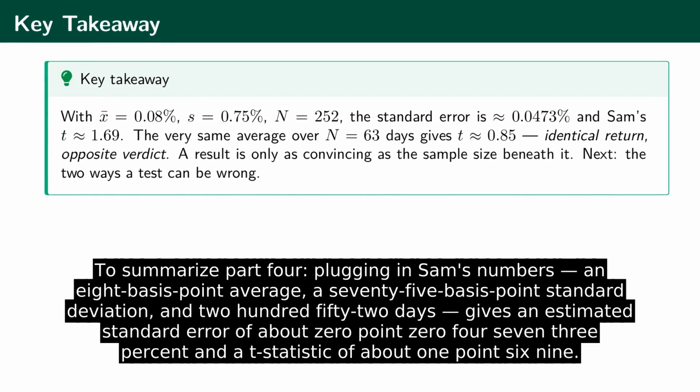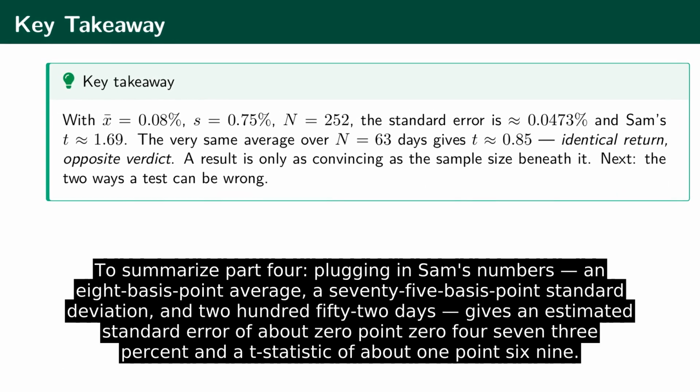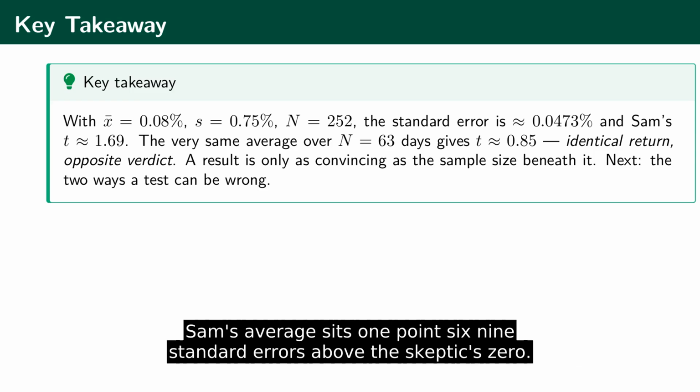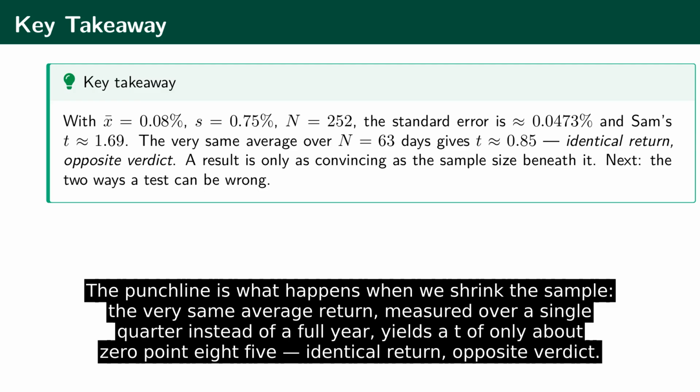To summarize Part 4, plugging in Sam's numbers, an 8 basis point average, a 75 basis point standard deviation, and 252 days, gives an estimated standard error of about 0.0473%, and a t-statistic of about 1.69. Sam's average sits 1.69 standard errors above the skeptic's 0.